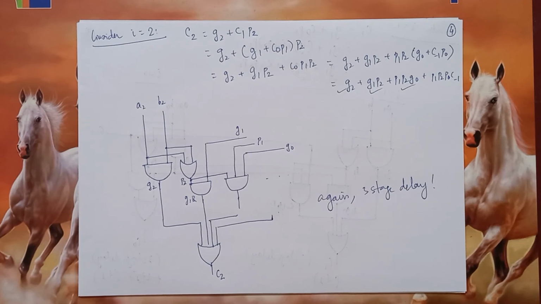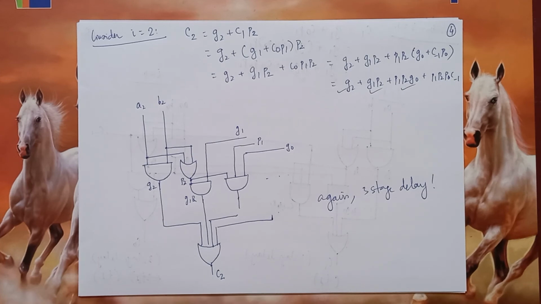So therefore, the number of delay stages per stage of addition remains the same. So the delay in generating the carry at each and every step remains the same. It does not increase. So no matter how many bits you are adding, the total delay will now not be n times TD, but instead it will be TD only.